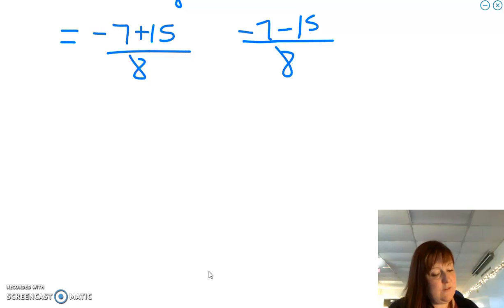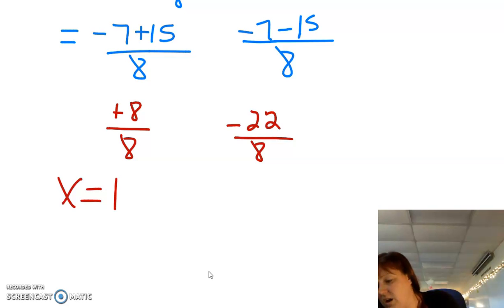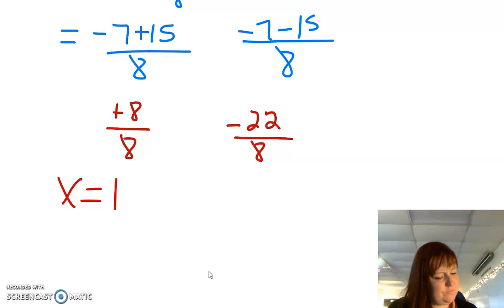And I have positive 8 over 8 and negative 22 over 8. So x equals 1, or 22 goes down to 11 over 4, or x equals negative 11 fourths.